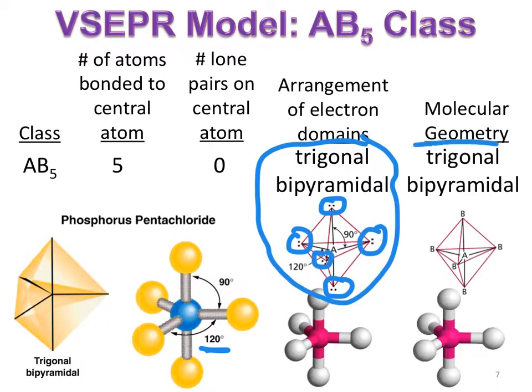Again, the molecular geometry is the same as the electron domain geometry, trigonal bipyramidal. Our example here is phosphorus pentachloride. Note here the 90 degree and 120 degree bond angles.